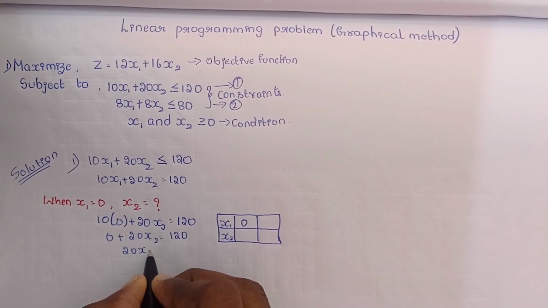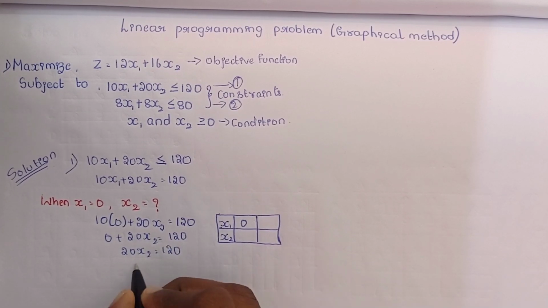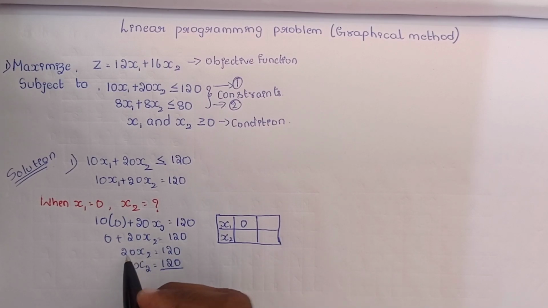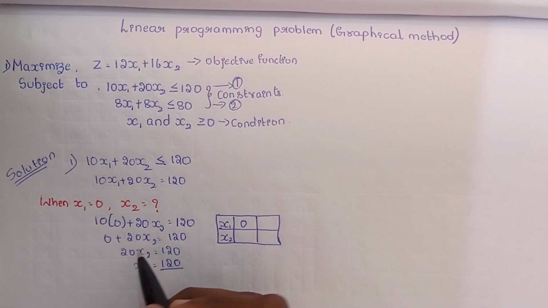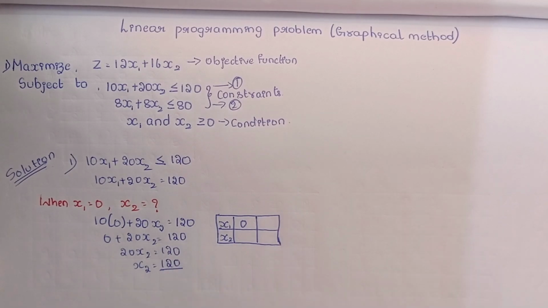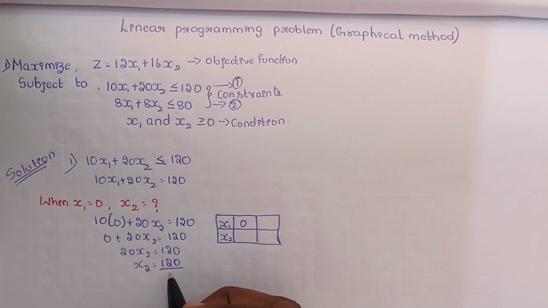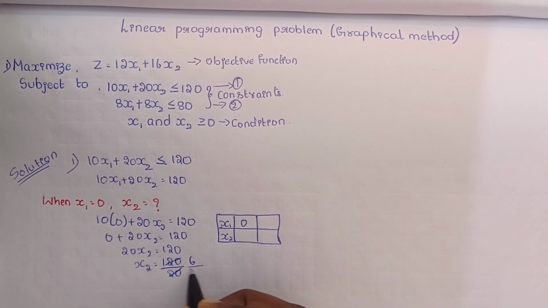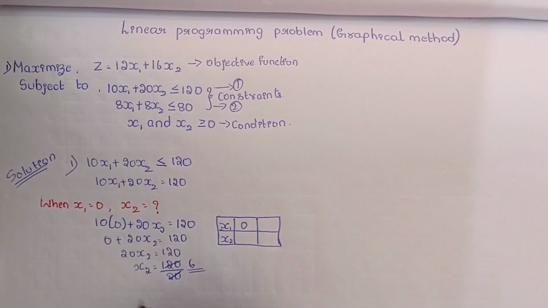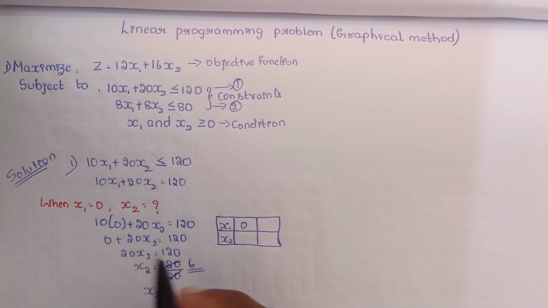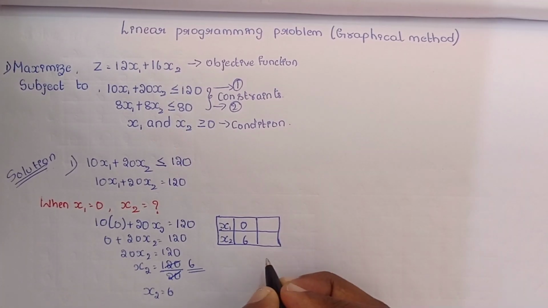So 20x2 is equal to 120. x2 is equal to 120 divided by 20, because it is in multiplication form. When we transfer this 20 to this side, it becomes a division form. So 20 times 6 is 120. So x2 is equal to 6. So when x1 is 0, the x2 value is 6.